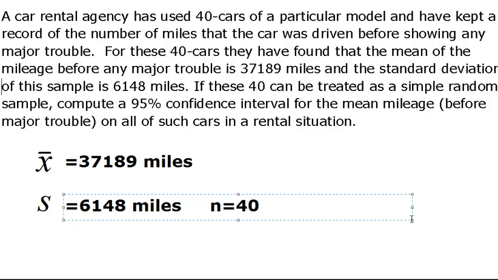The sample size here is 40. Now, note there is a difference from the earlier situation. There we knew the population standard deviation, denoted by sigma, but here we do not know it. Again, we will work under the assumption of a normally distributed population, or if the sample size is large, we can still go ahead.